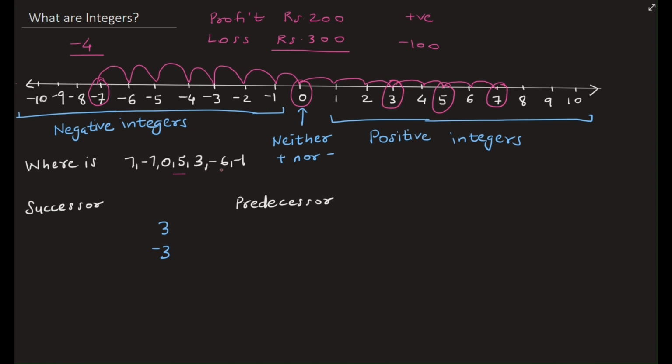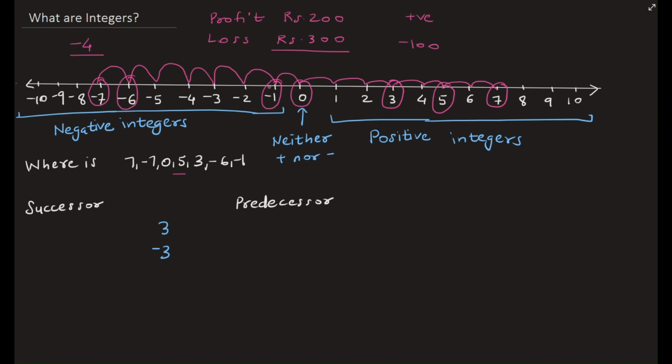Then negative 6, 6 steps to the left of 0. So negative 1, negative 2, negative 3, negative 4, negative 5, and negative 6. Then you have negative 1, which is one step to the left of 0.